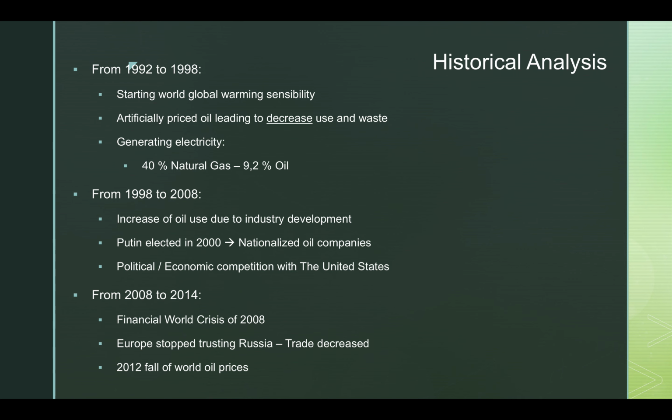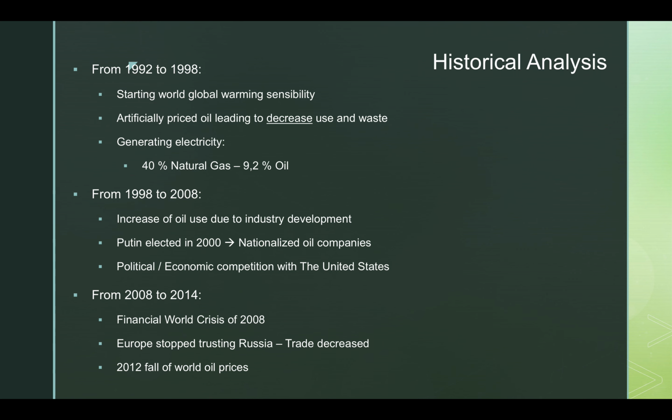Now for the historical analysis, we divided the time range into 3 periods. From 1992 to 1998, we can see that the world started noticing the importance of global warming, and during this period, after the Russian Federation broke down into what we know today as Russia, they artificially priced oil, leading to a big decrease during the past 6 years.